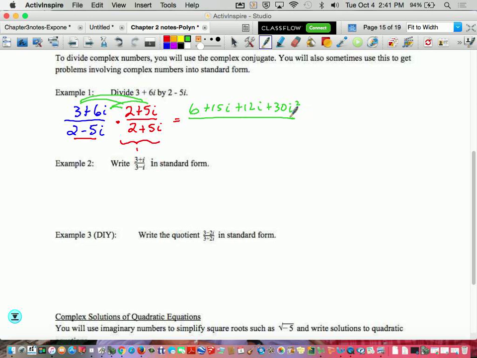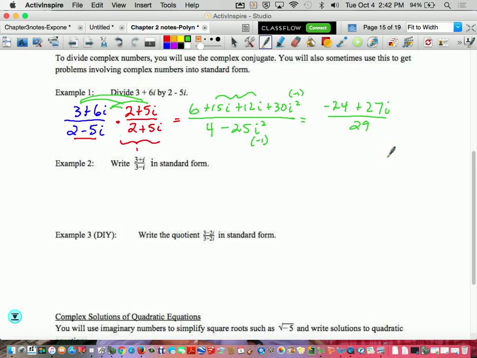On the bottom, though, these are conjugates, so only the first and last. 2 times 2 is 4, minus 25i squared. I don't have to do the OI. This is negative 1, this is negative 1, so I end up with 4 plus 25, which is 29, all over 6 minus 30, which would be negative 24, and then these add up to 27i.